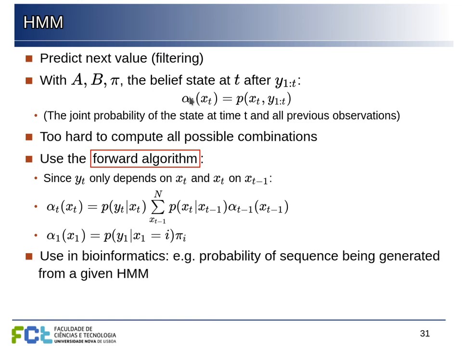So basically, we compute the belief states at the end of the sequence. We take the maximum one, and we know what is the probability of that sequence being generated by the hidden Markov model.